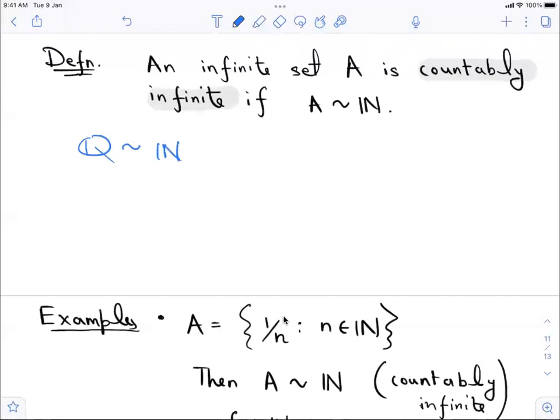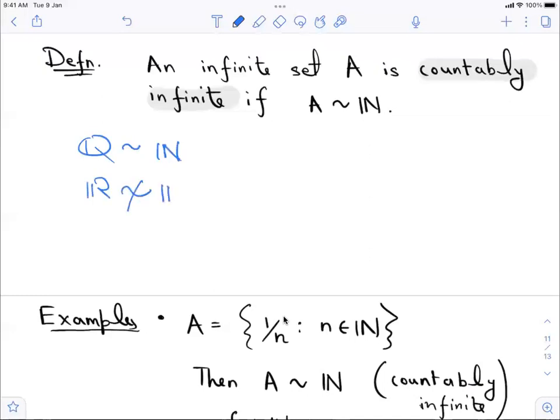So you would expect to have a lot more rationals than natural numbers, but it turns out they have the same number of elements, pretty much by the definition. This means there is a bijection from N to Q. Once again, this will not be proved here, but in the supplementary lecture we'll find a proof of this fact.